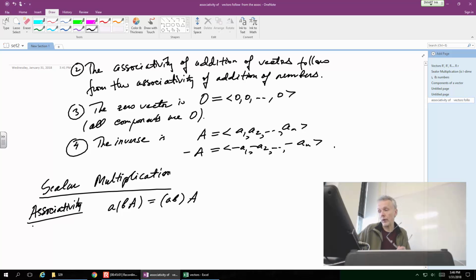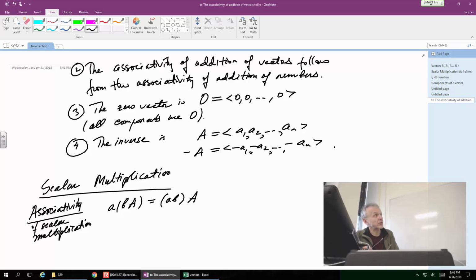So associativity of scalar multiplication. In other words, just like with associativity of addition, you don't care how you carry out that operation. Like grouping terms, it doesn't matter how you group the terms, the result will be the same.